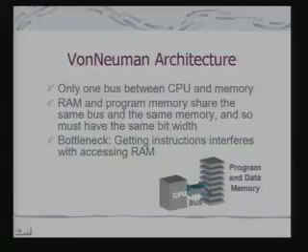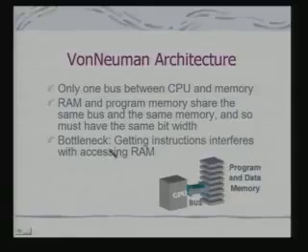In fact, there is no difference between the data and instruction in von Neumann architecture. Both program and data memory is connected to the CPU by the same address and data bus. So, what happens as a consequence?